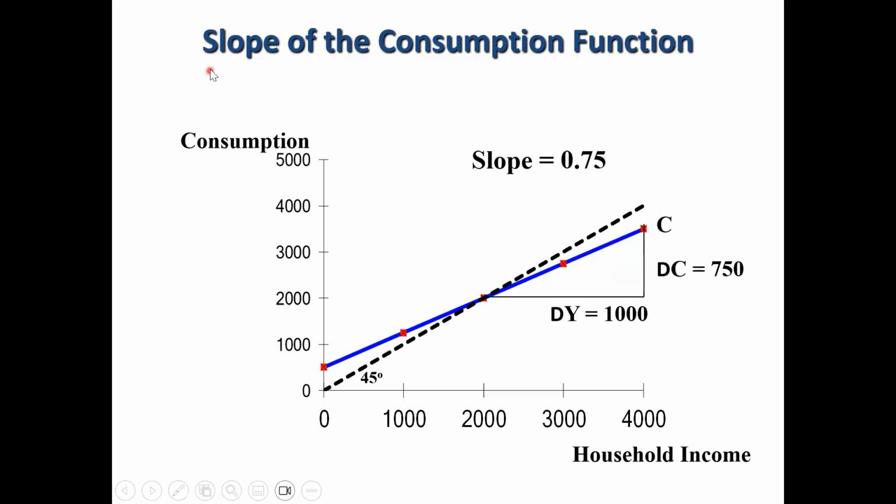So the marginal propensity to consume is equal to the slope of the curve, which is 750 divided by 1000, because we take two points on the line, one point here and another point from here. Then we get the change in consumption over the change in income, which equals 0.75.